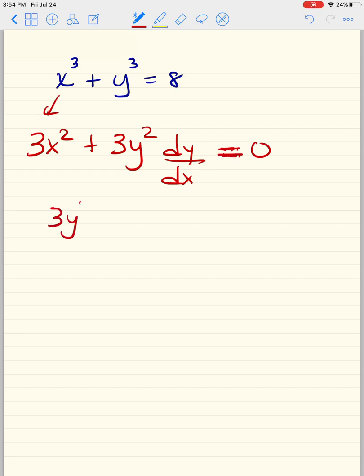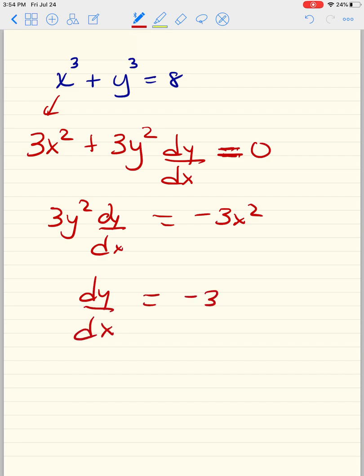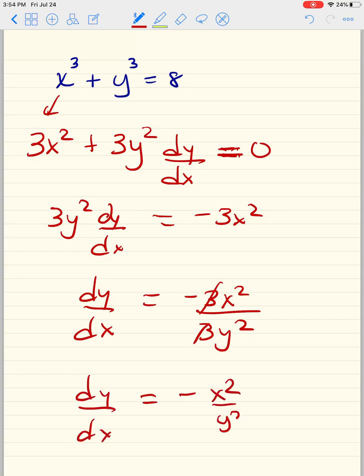And so I'm going to have 3y squared dy dx is equal to negative 3x squared. When you divide, to get your dy dx on one side, you get negative 3x squared over 3y squared, and the 3's cancel out. And so you are left with negative x squared over y squared.